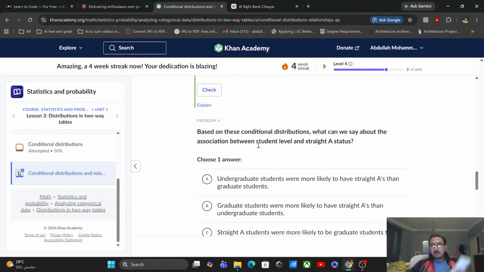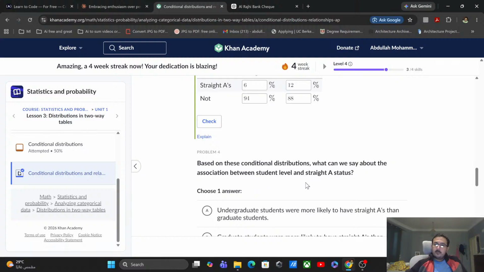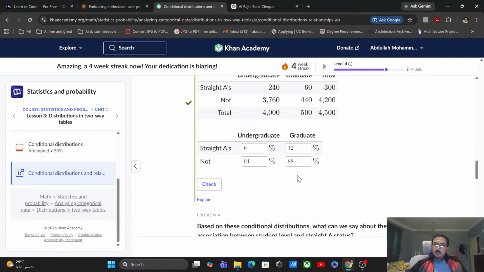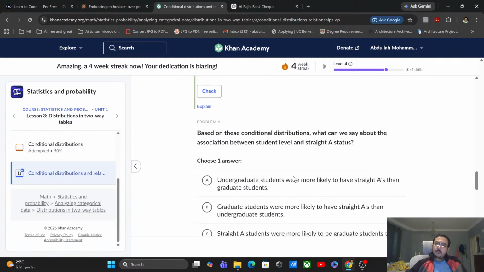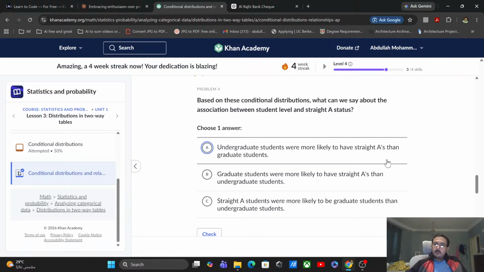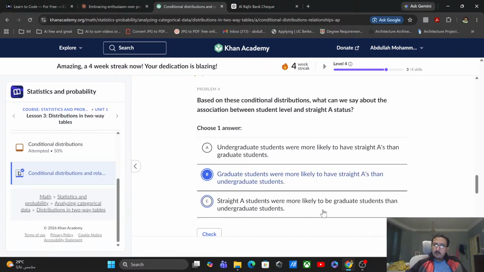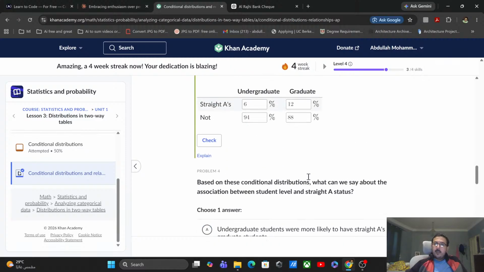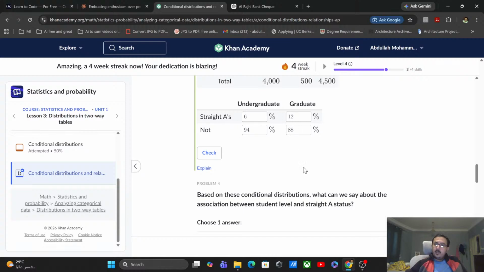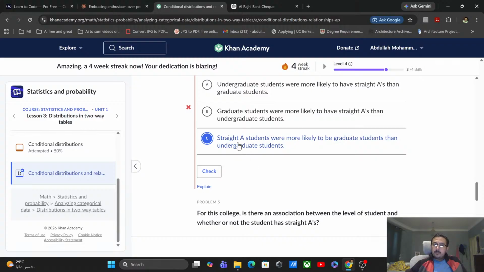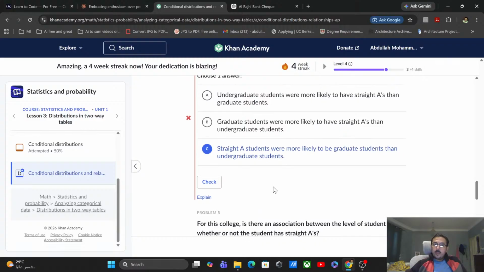Nope. Yeah, this is not right. This is more likely: straight A students were more likely to be graduate students than undergraduate.